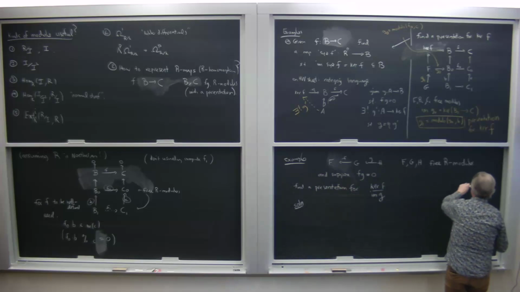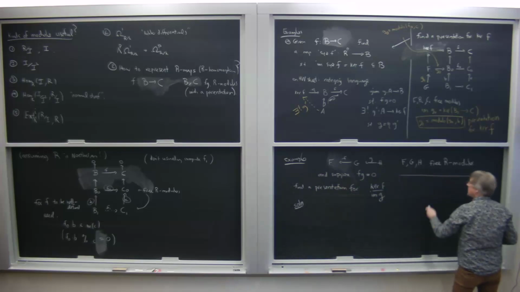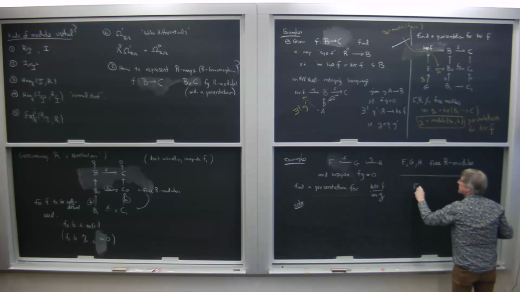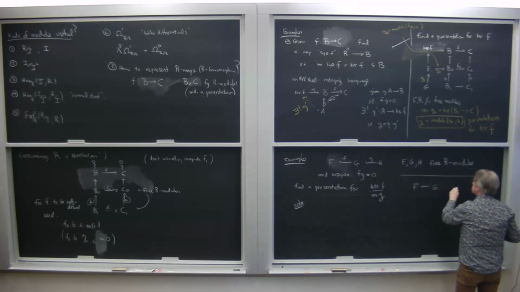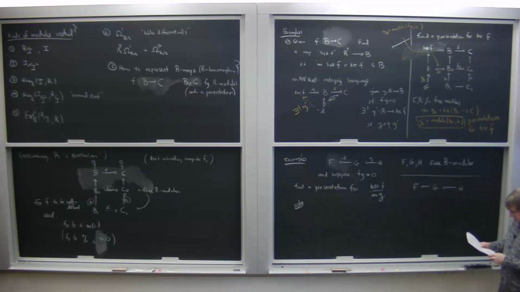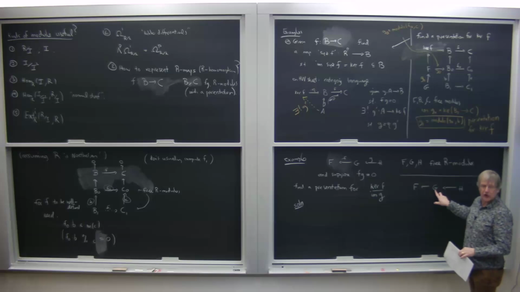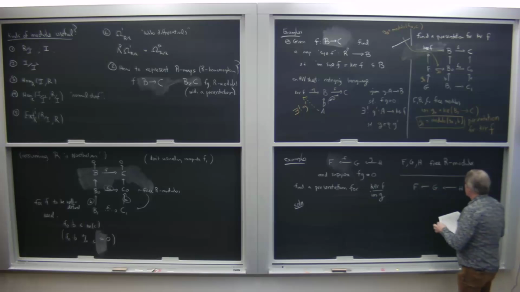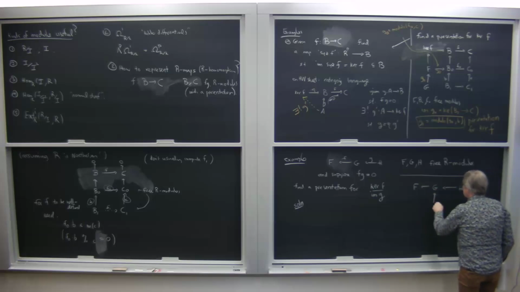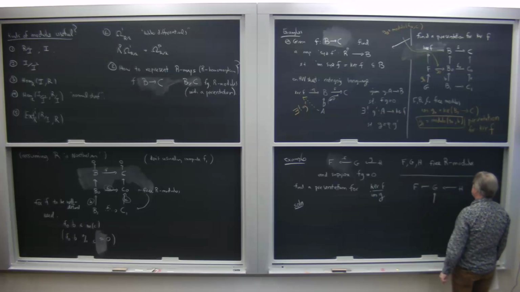Okay, I need some more space over here. I strategically left out enough room to do things. So I want the kernel mod the image. First of all, I need the kernel. I'm running out of names for these things. I don't want to call them primes.